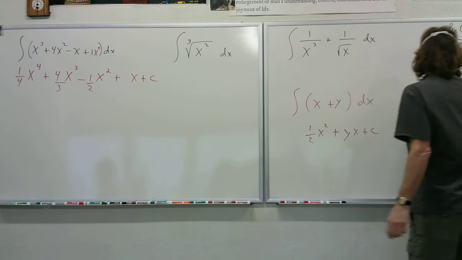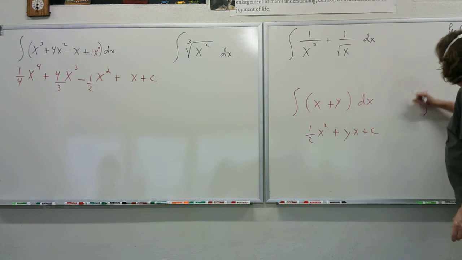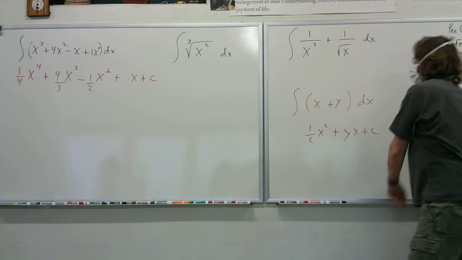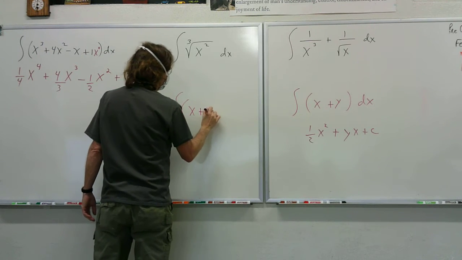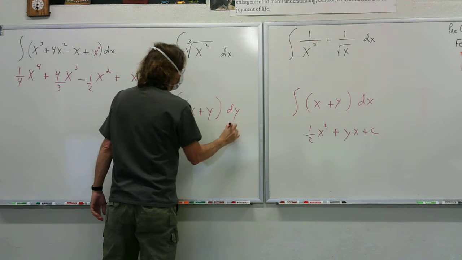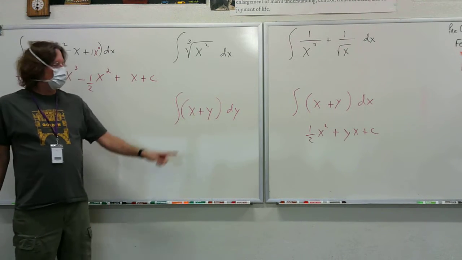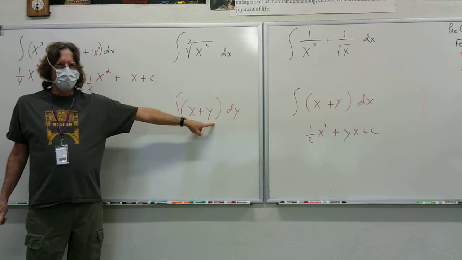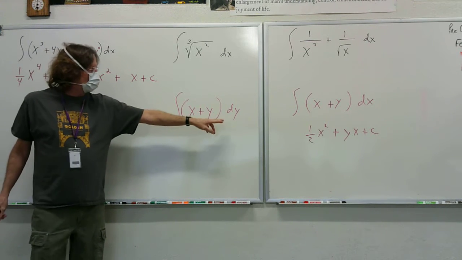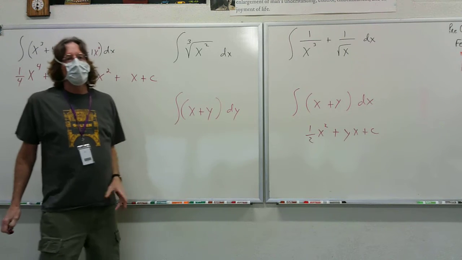Now, if you had this, what would that tell you? x is a constant and y is a what? Variable. See the difference? So that's real important to put out there.